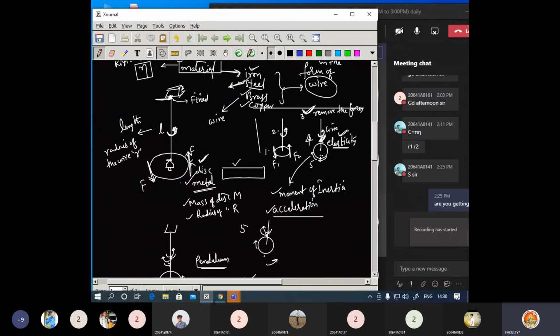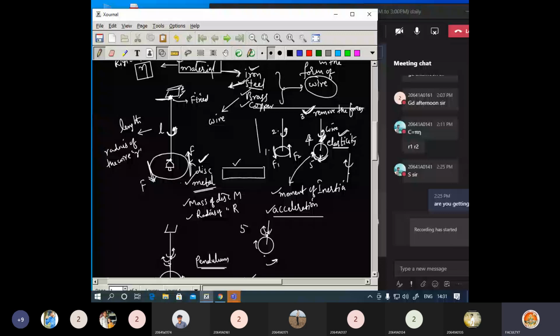Meanwhile, as the disc is at the bottom, it will gain acceleration due to the elasticity of the material. The disc will not stop exactly at the equilibrium position; it will move in the other direction also, and the wire will experience a twist in the opposite direction.